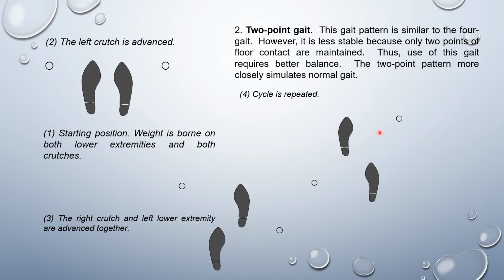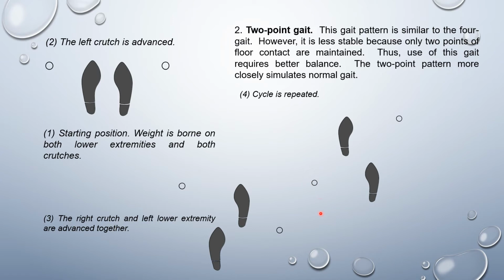So tingnan niyo yung first here. Standing position, weight is borne on both lower extremities and both crutches. Ito po yun. So sabay silang dalawa first and then followed by the 2 feet. And then next is here, number 2, the left crutch is advanced and then the right crutch and left lower extremity are advanced too.